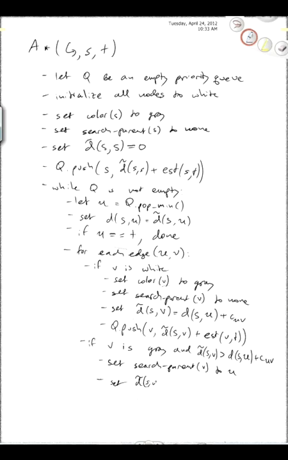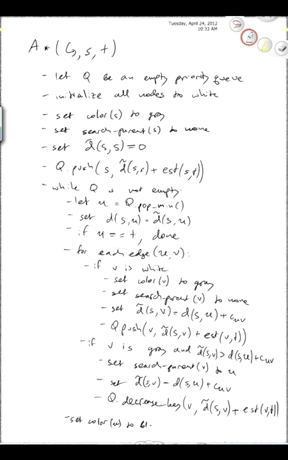So the distance label from S to V is now going to be equal to this new better one, which is S to U plus c(U,V). And then we're going to decrease key on V, but the new key isn't just the distance label, it's this distance label plus the estimate. So at the end of this for loop, we have processed all of the information for U. So here we're just going to set the color of U to black.